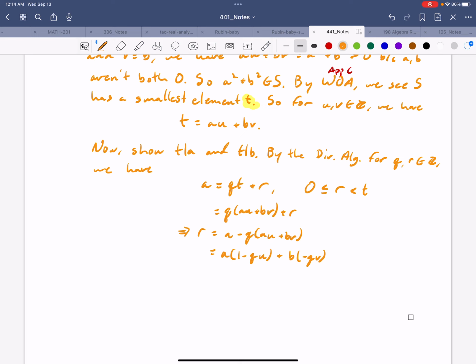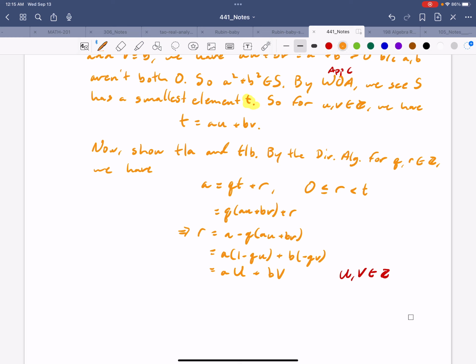And this is important because we have a times something plus b times something. r is a linear combination of a and b. We can write this as a times big U plus b times big V for U and V in the integers.